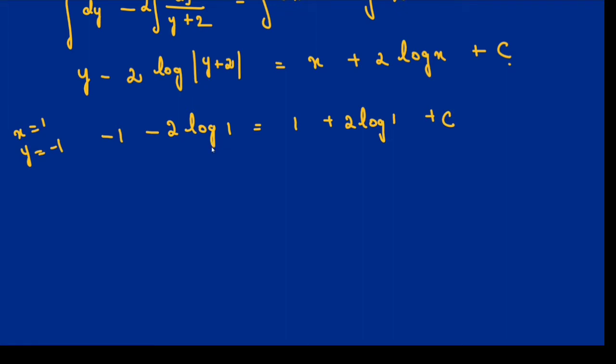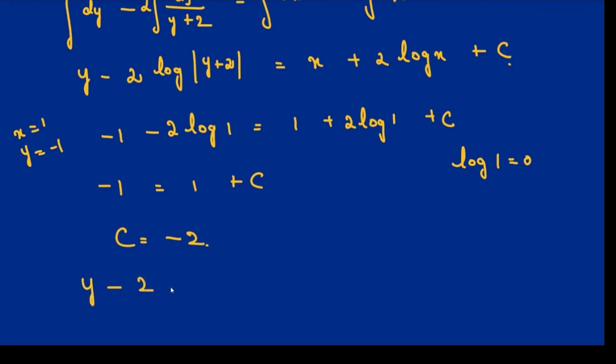So log 1 is 0. The value of log 1 is equal to 0. So this will become minus 1, this is 0, is 1, this is also 0. So what is c equal to? Minus 2. So that's the answer.